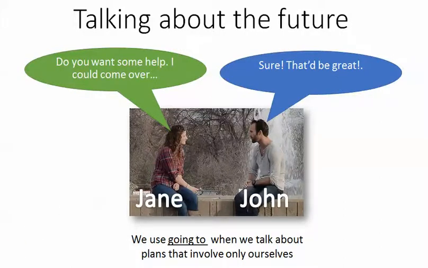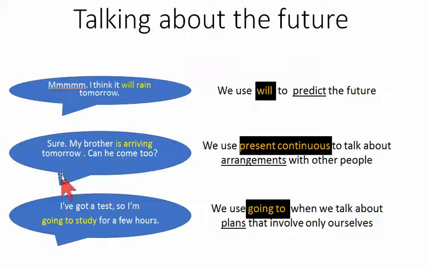Once again, these are three different tenses used in three different ways. We have will for predicting, present continuous for arrangements with other people, and going to for plans that involve only ourselves. Now, try to remember that, and I'll give you a quick test.